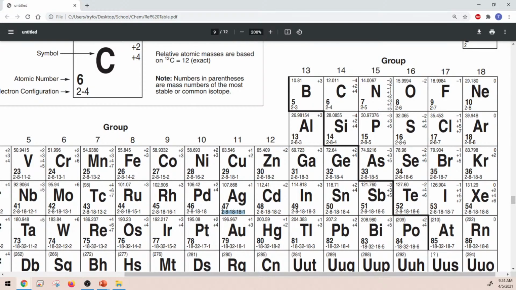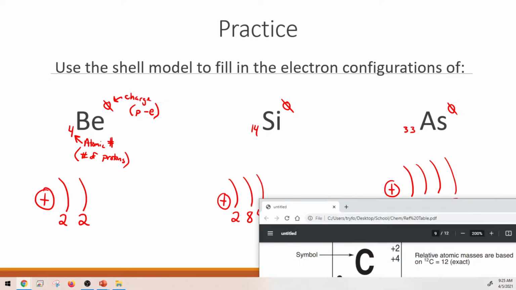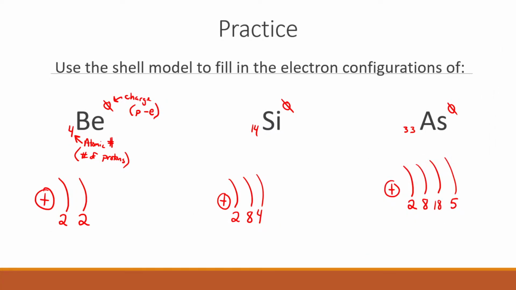This is the correct configuration, and it uses information that we are not looking at when we look at just the shell model. Right, so the electron configurations are given to you on the periodic table, and they're going to look similar but not always the same to the ones you make yourself.